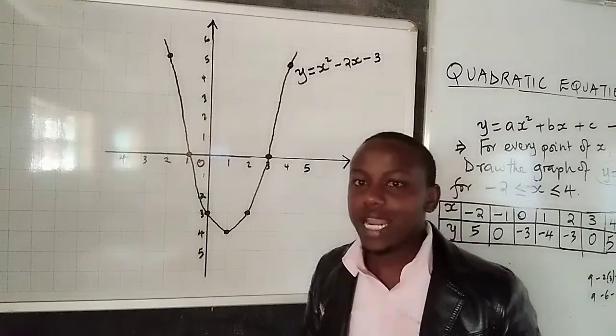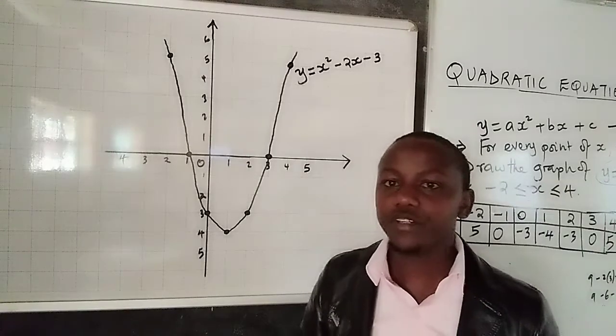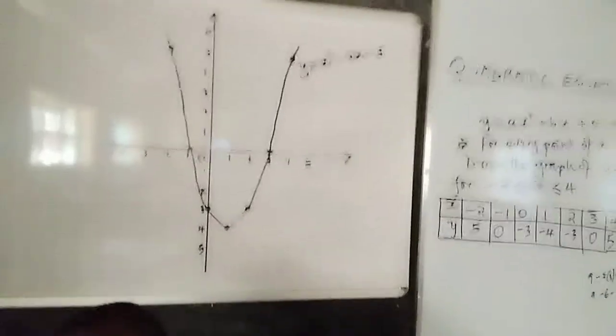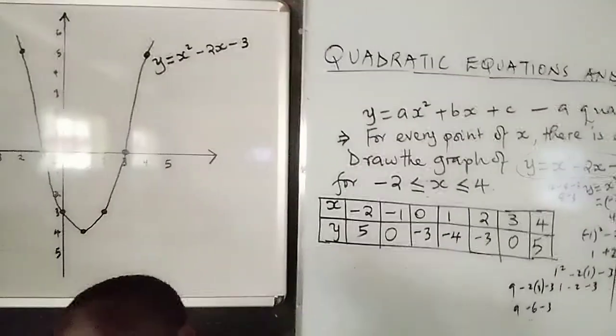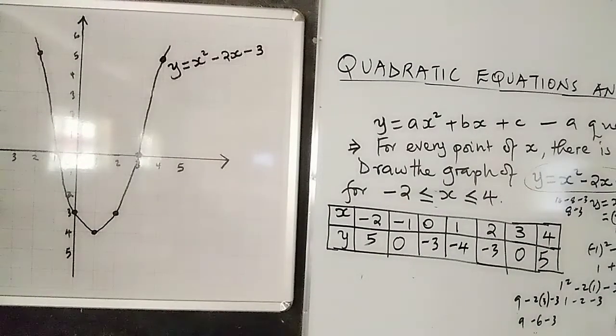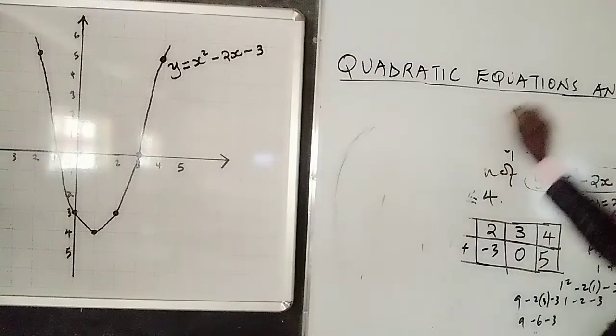I would like us to see another example of how a curve can be drawn. Therefore, if you are taught to draw the graph of, for example, let me now bring another curve. Graphs of quadratic functions.